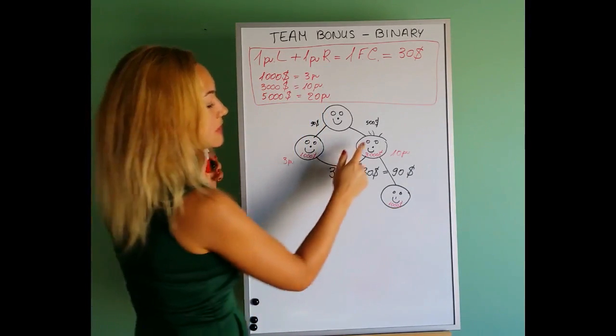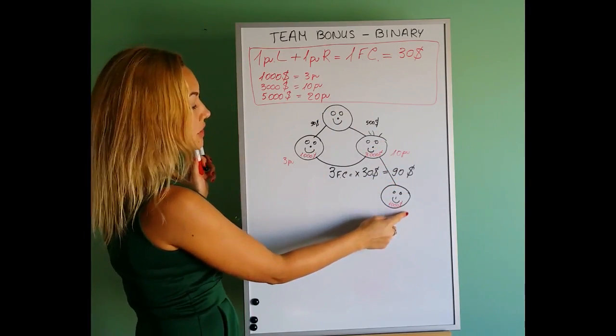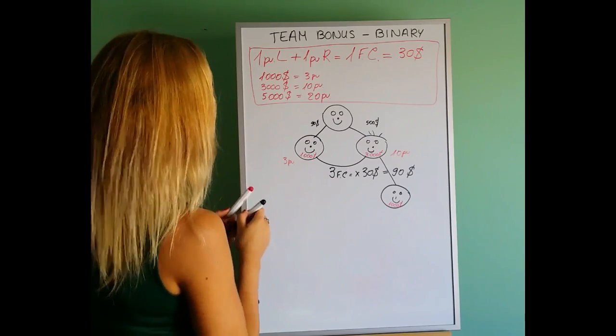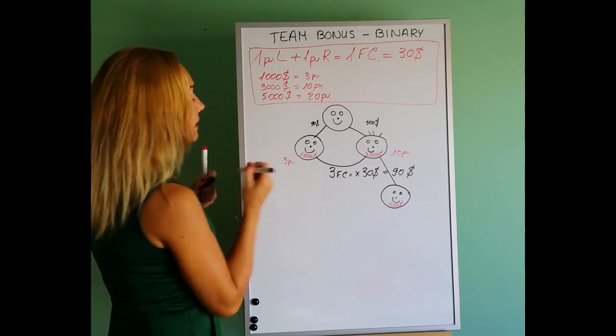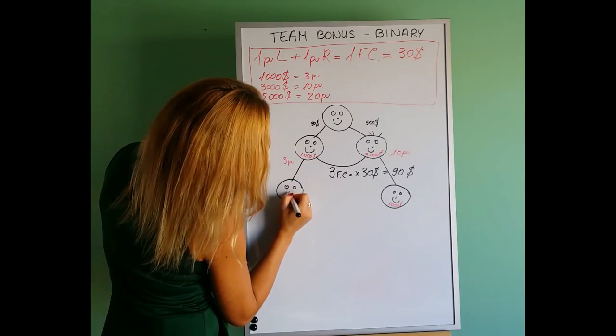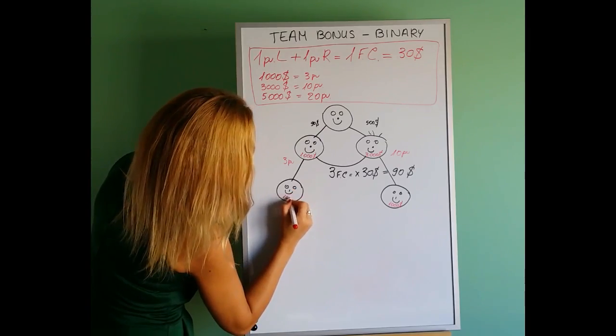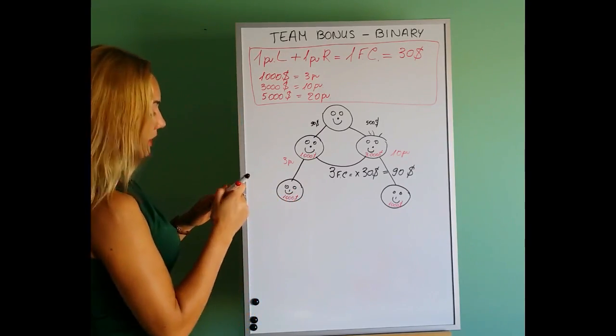Okay, so Maria receives her direct $90, but for you it's another registration on the right-hand side. Okay, then Thomas also shared the idea. He also invites one of his friends to the business. His friend also comes on the business package, for example.